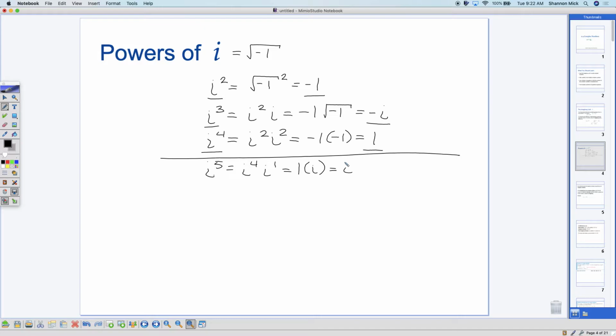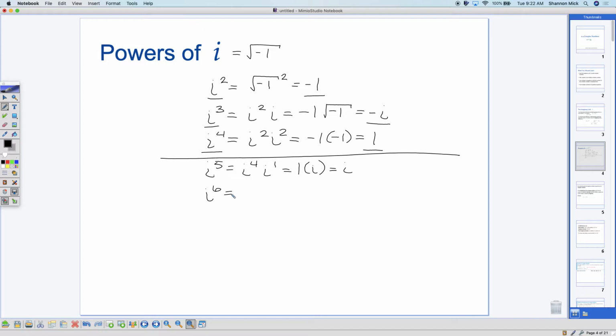So i to the 6th. It would be negative 1. Which one of these would always be the easiest to use: 1, 2, 3, or 4? 4, because it's 1.